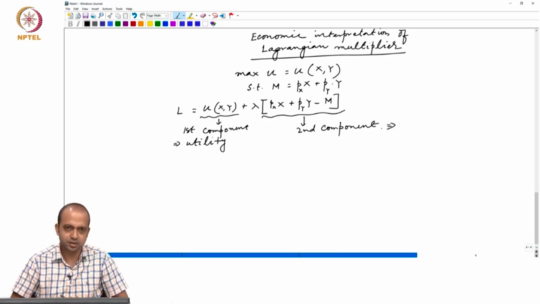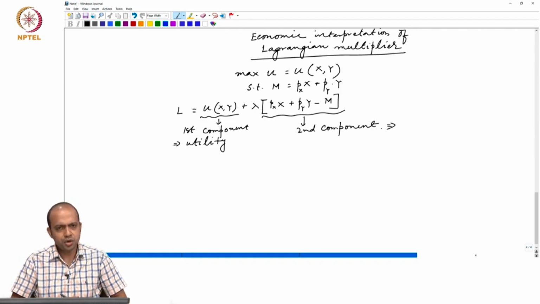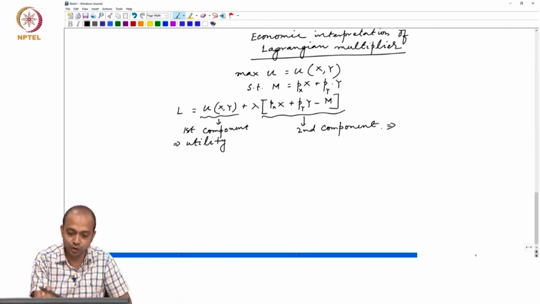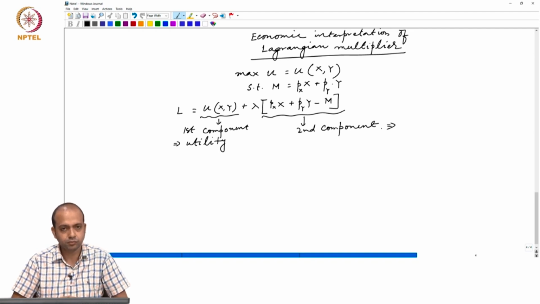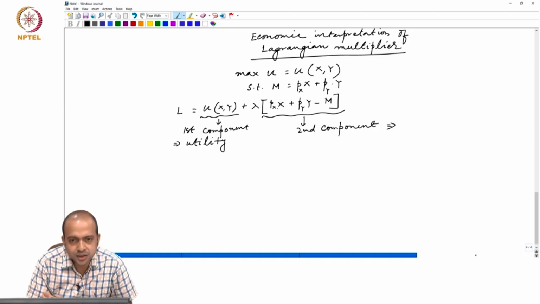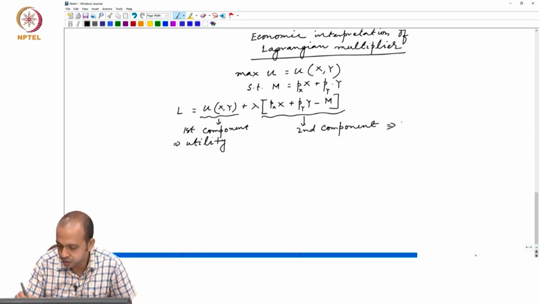What is the physical interpretation of the second component, particularly the bracketed term? Since everything is in monetary units, px into x plus py into y minus m is nothing but some amount of money.